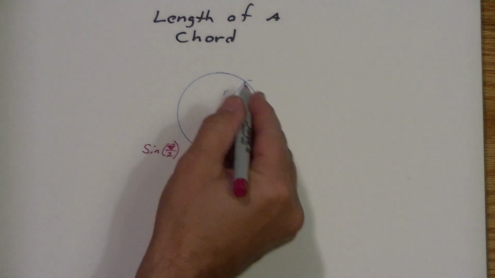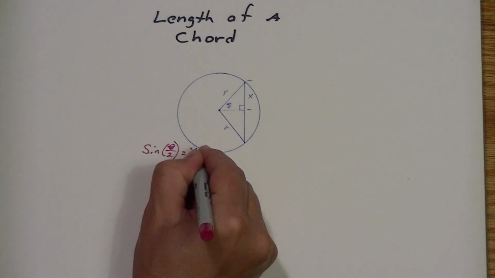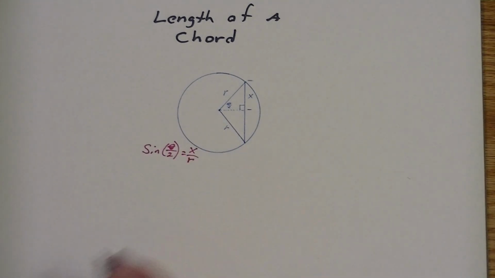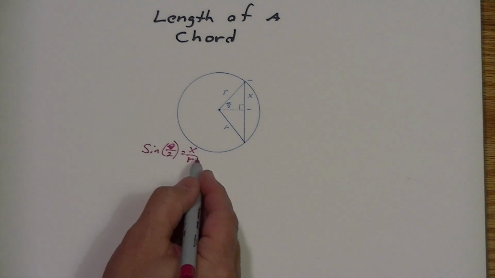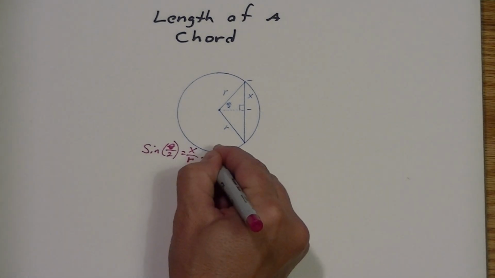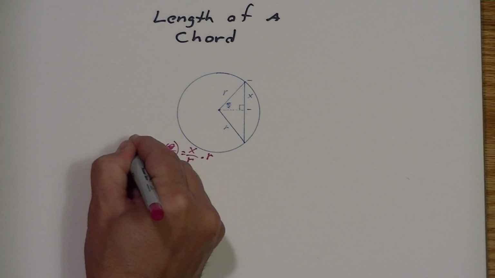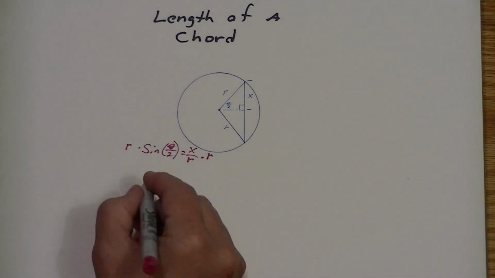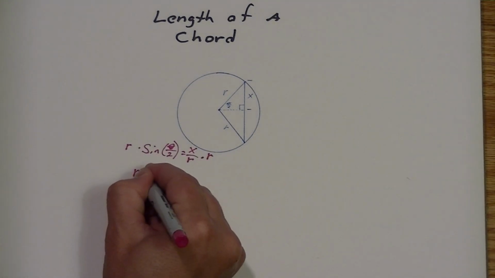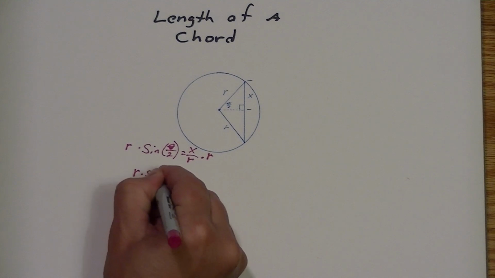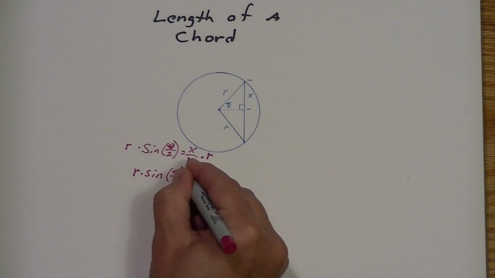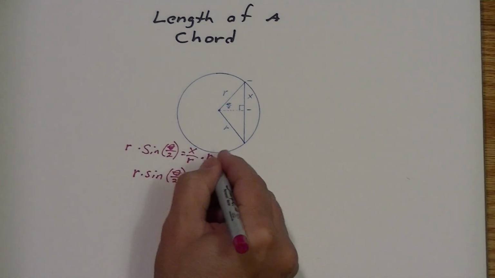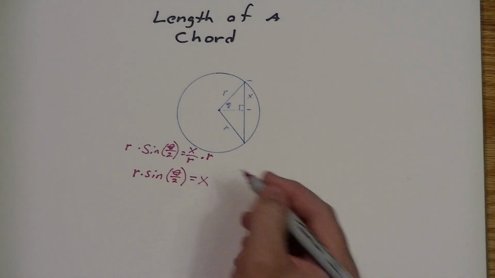The sine of theta over 2 is nothing more than x over r. I can solve it for x by simply multiplying both sides by r. So if I multiply this side by r, and I multiply this side by r, then I'm going to get r times the sine of theta over 2 is equal to, these r's cancel out, and it leaves us with x.